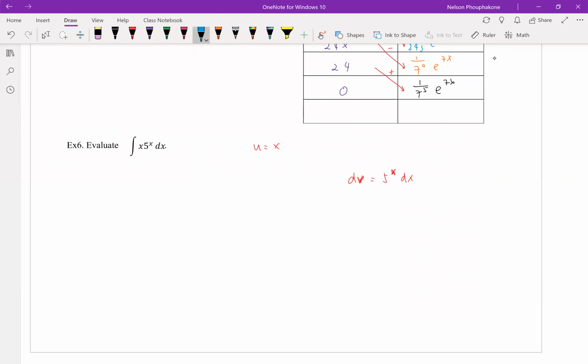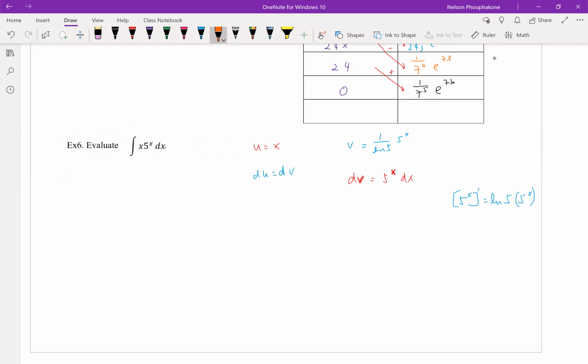So if I have 5 to the x, if we take the derivative, it will be natural log of 5 times 5 to the x, okay? So this is what we have. So therefore, when we try to take the integrations, then I will have v, it will be 1 over natural log of 5 times 5 to the x then, okay? Because again, when we take the derivative, then we would like to cancel the natural log of 5, right? And then, so I will have du is equal to dx.